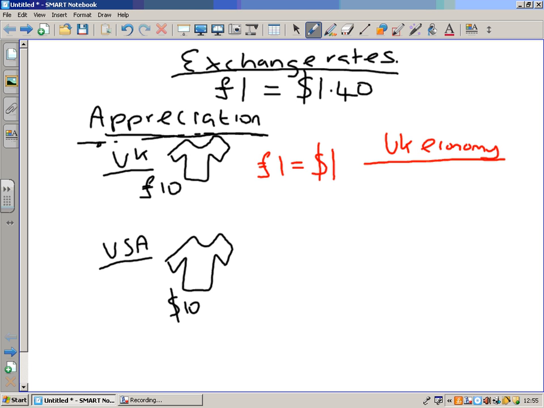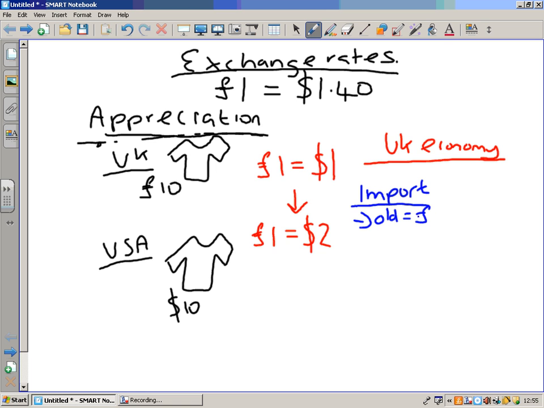So let's see how the UK economy will be affected by an appreciation of the pound. Let's imagine the appreciation means that £1 is now worth $2. Let's see how this would impact on imports. At the old currency value, importing from America will cost us £10.